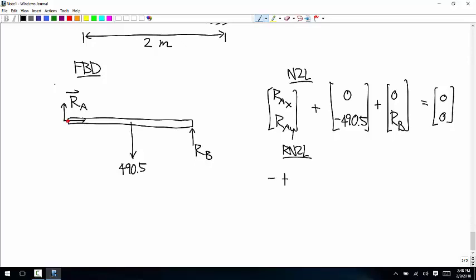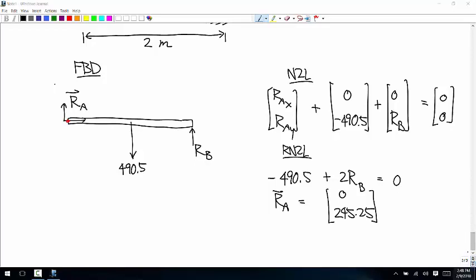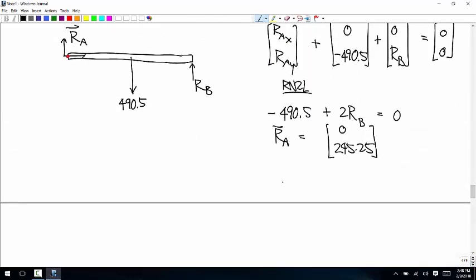So we have negative 490.5 plus 2RB is equal to 0. So RA is equal to 0, 245.25. And RB is 245.25.